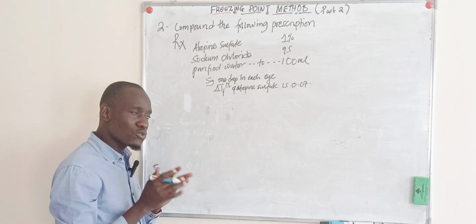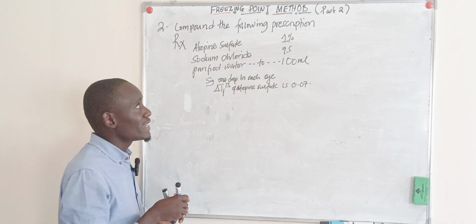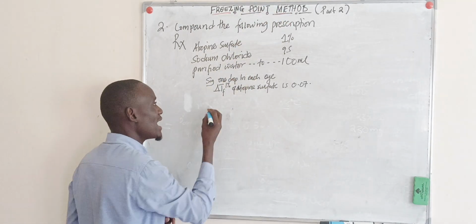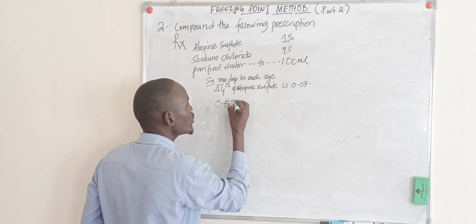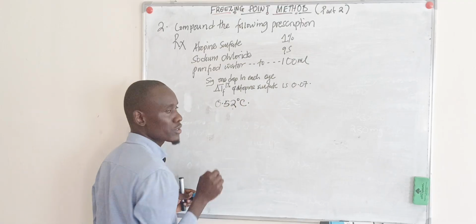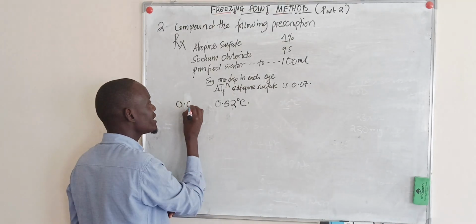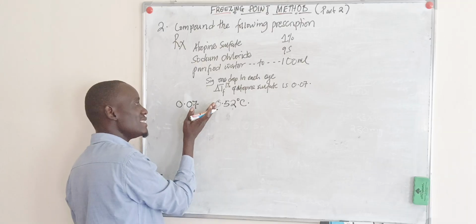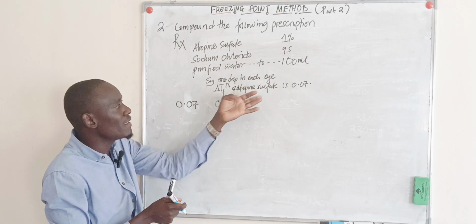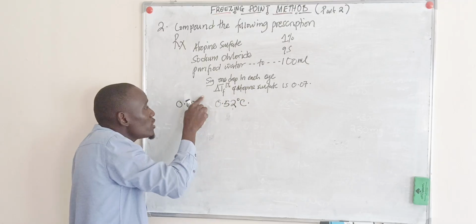So the first thing always when you adjust a solution to isotonicity is to know the standard. The standard in this case, since we are using the freezing point depression method, is the freezing point depression of blood plasma, which is 0.52 degrees C. And what they have given us for atropine sulfate is 0.07. So you realize that when you compare the freezing point depression of the 1% solution of atropine with that of blood plasma, you come to know that this solution is not isotonic.